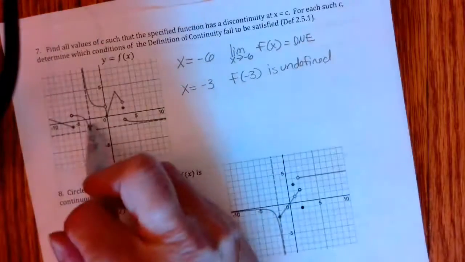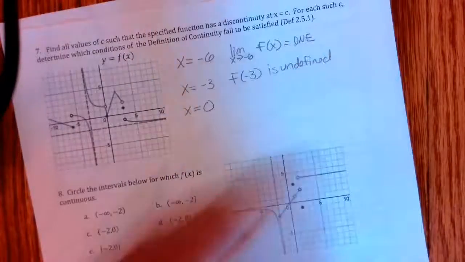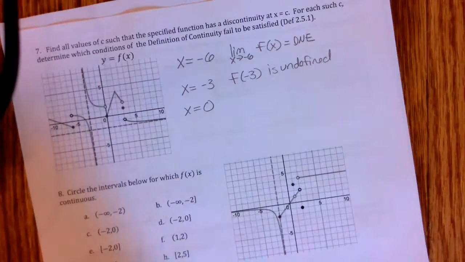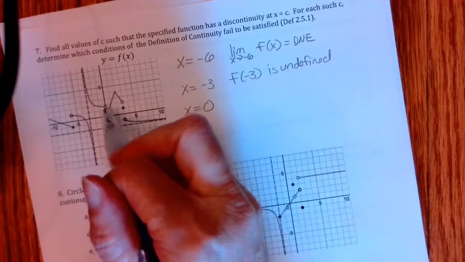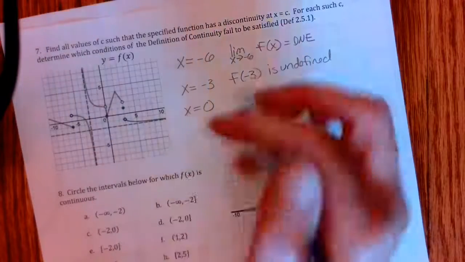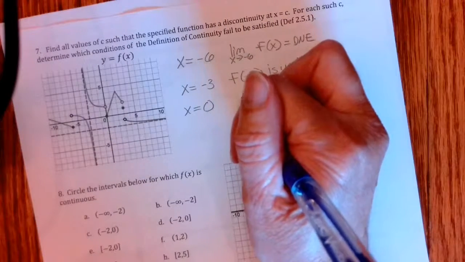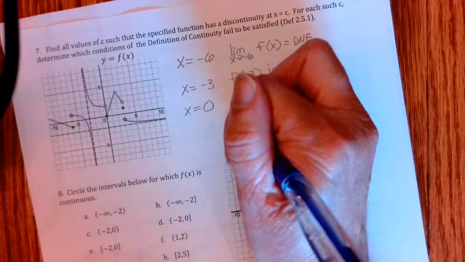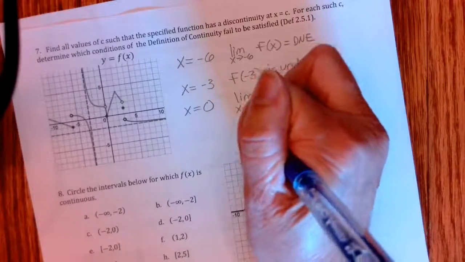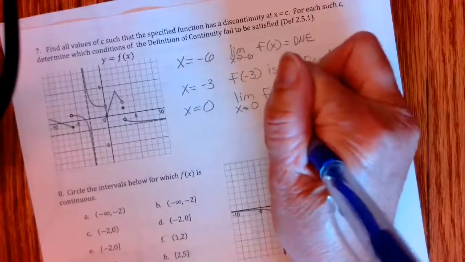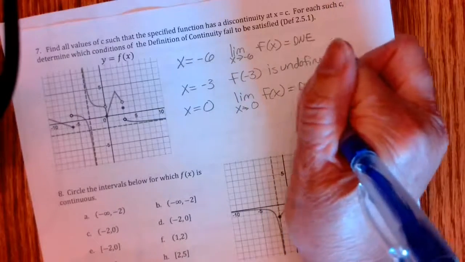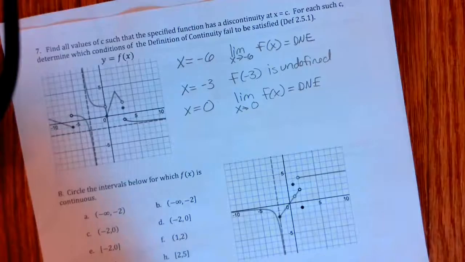My next one is at 0. X equals 0 is a break in the graph. And for this one, we're going to say that the limit does not exist. The one-sided limits individually exist, but not at 0. So the limit as x approaches 0 of f of x does not exist.